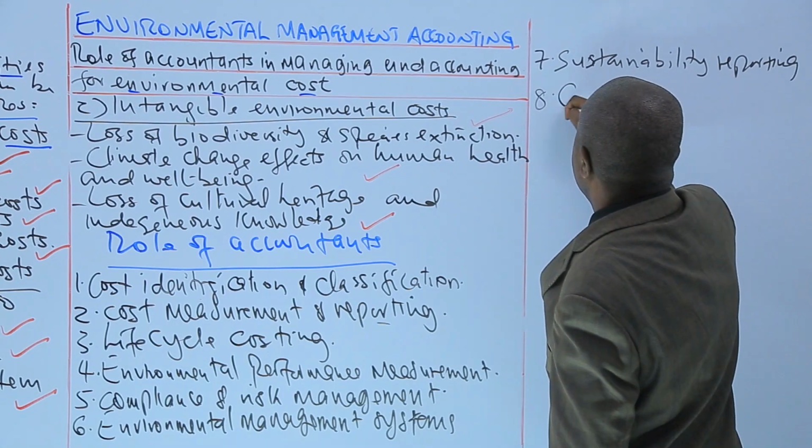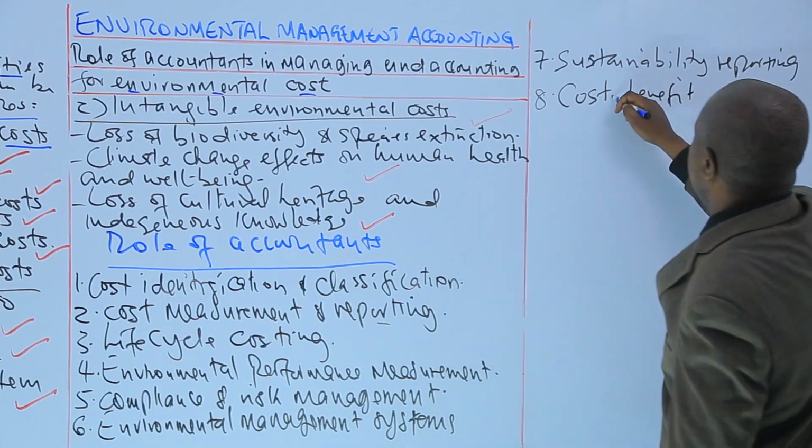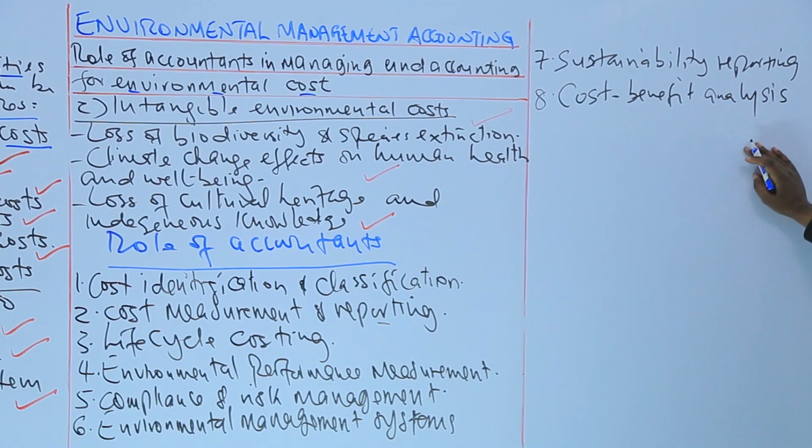Number 8, cost benefit analysis. The accountants conduct cost benefit analysis of environmental projects or even initiatives in order to evaluate the financial implications of adopting environmentally friendly practices.